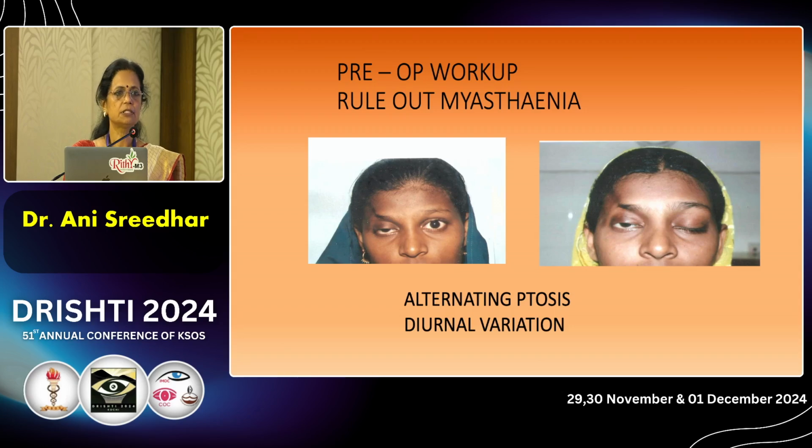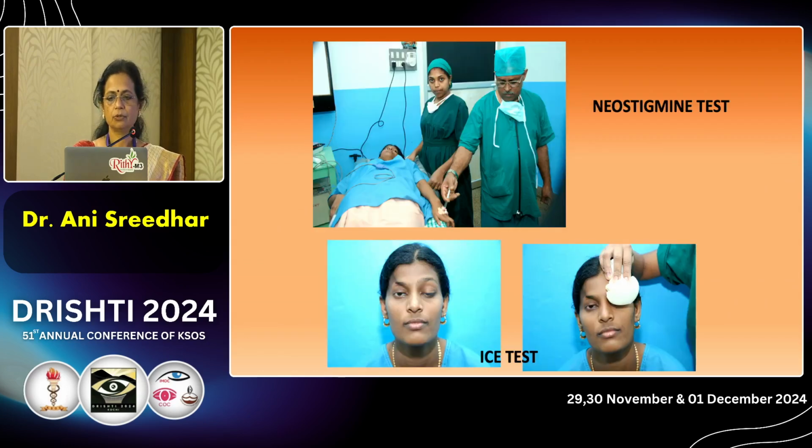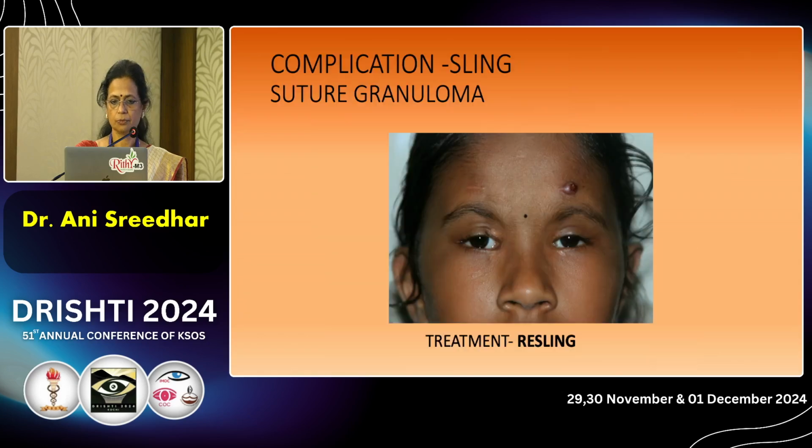If the ptosis is alternating, you can straight away diagnose myasthenia, and ask for diurnal variation, ask them to bring photos, do an ice test or a neostigmine test to confirm the diagnosis. The ice test in the OPD is very useful and it's very sensitive too.